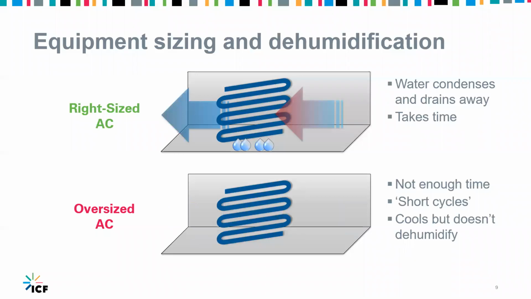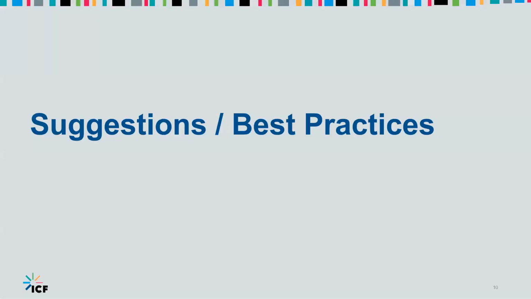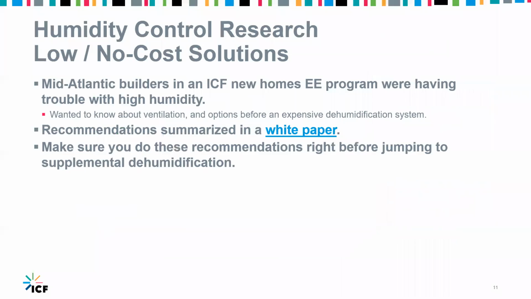You're basically cooling the air, but you're not dehumidifying it, and it's really because it's not running long enough. So that's why it's important to size equipment properly. It's critical for humidity control. Let's go on to the next slides and suggestions and best practices for how to manage this.